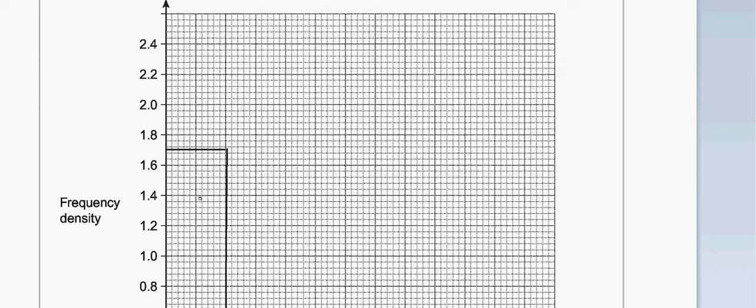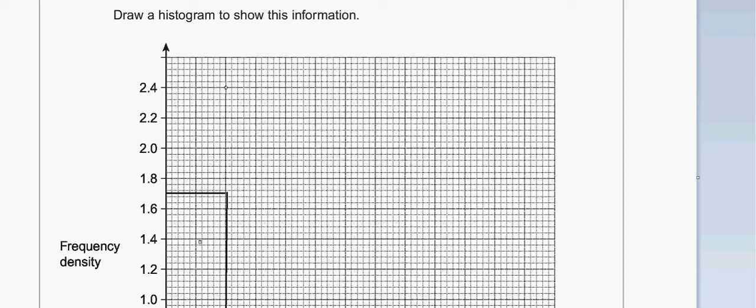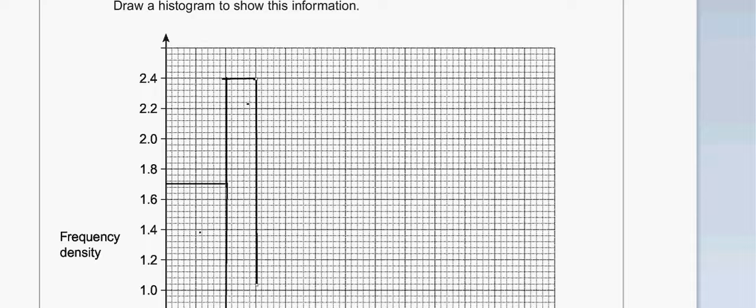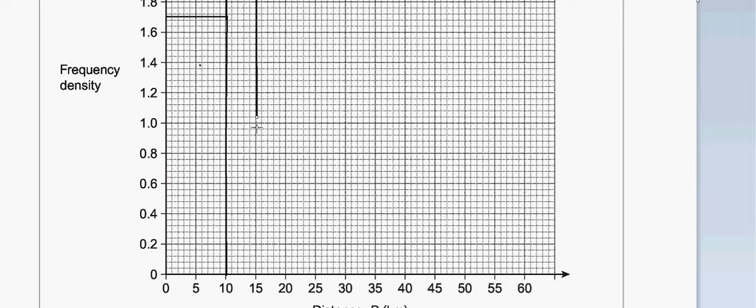That's going to go up to 2.4 here, and it's only going to come across one set of squares here, and then this will come down here like so, and that will join up there.